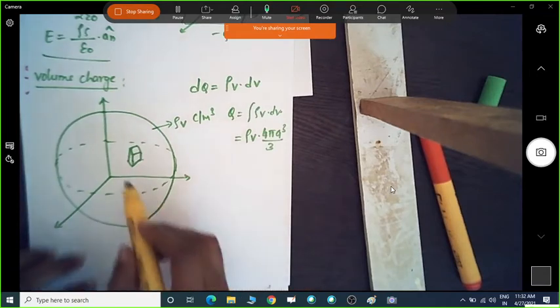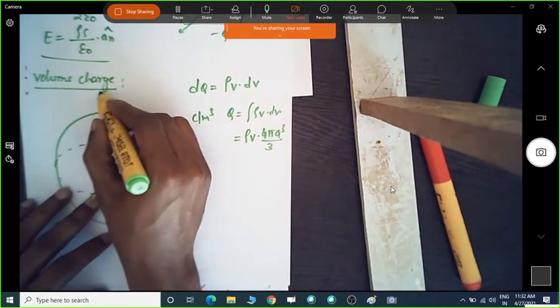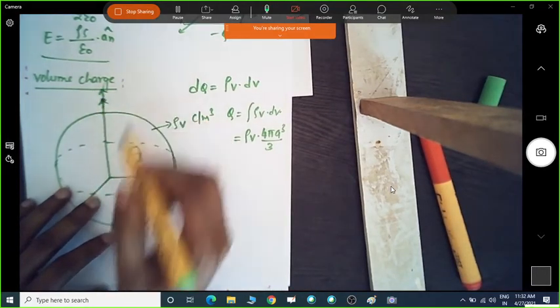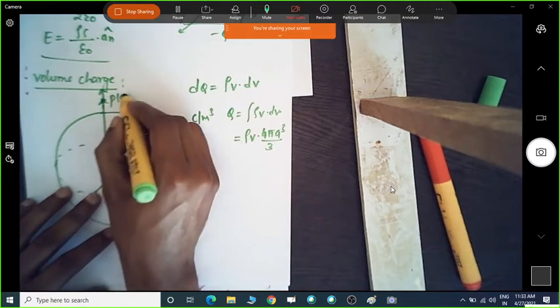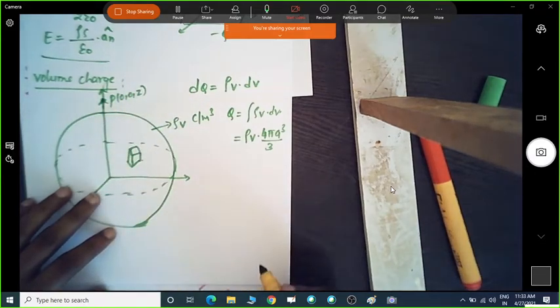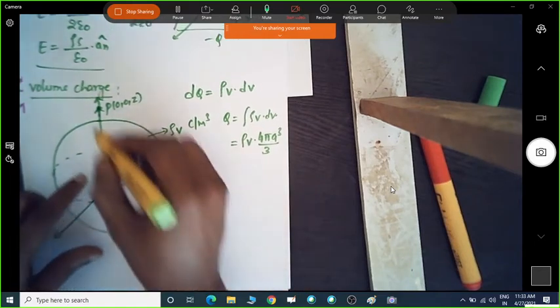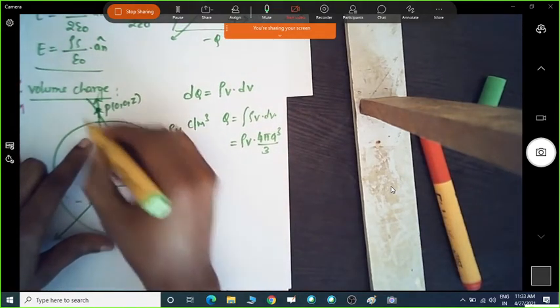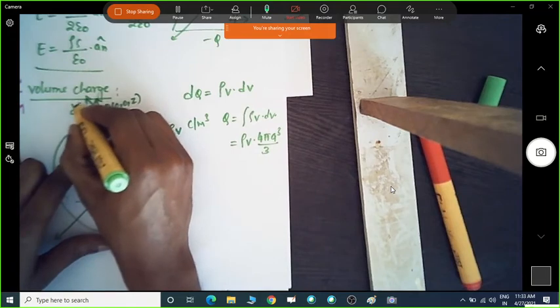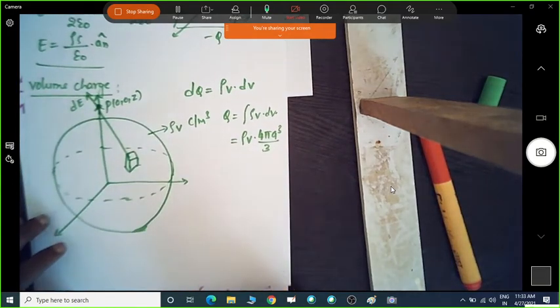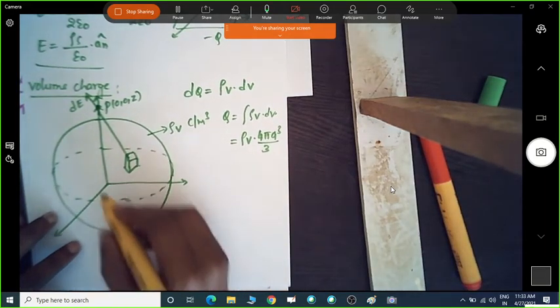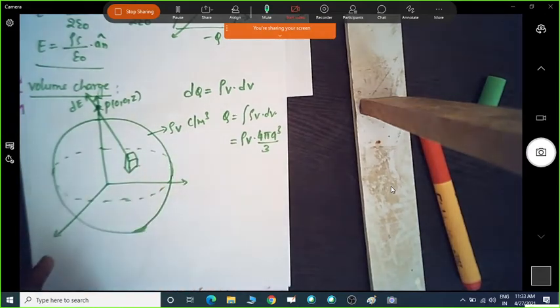Now we have to find out the field at some point p equal to 0 comma 0 comma z. At this point, due to this small elemental volume, I need to find the electric field, that is dE. For that I am considering the spherical coordinate system.